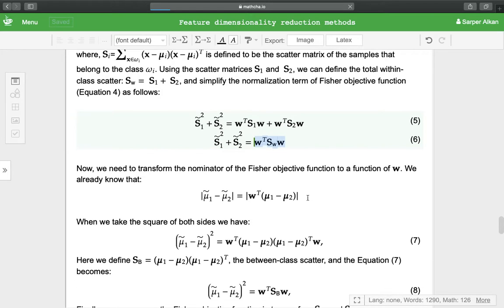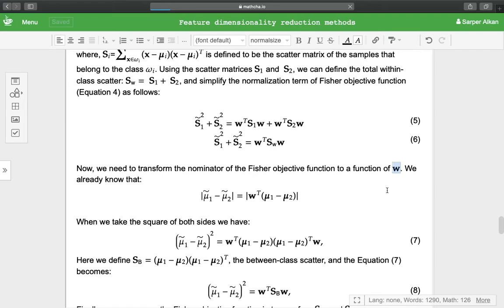Now we need to transform the denominator of the Fisher objective function to a function of W in order to optimize by using W. We already know that mu1 minus mu2 is W transpose mu1 minus mu2.